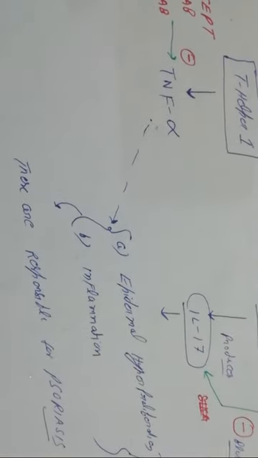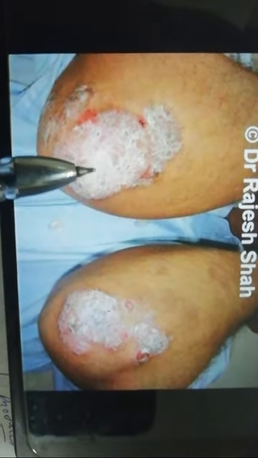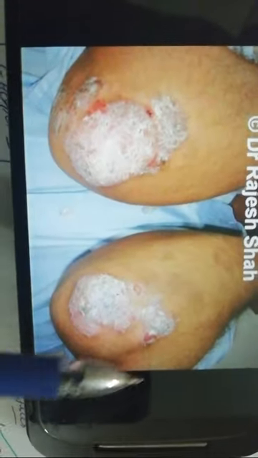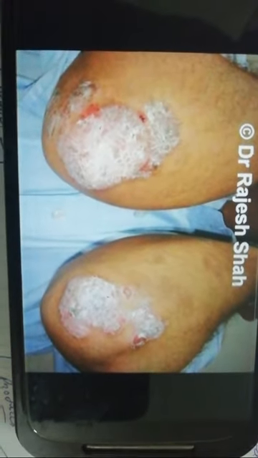And this epidermal proliferation and inflammation is responsible for psoriasis. If you look at this, because of epidermal proliferation and inflammation you get this type of nature, and this is known as psoriasis. So that's all we have to understand regarding this etiopathogenesis.